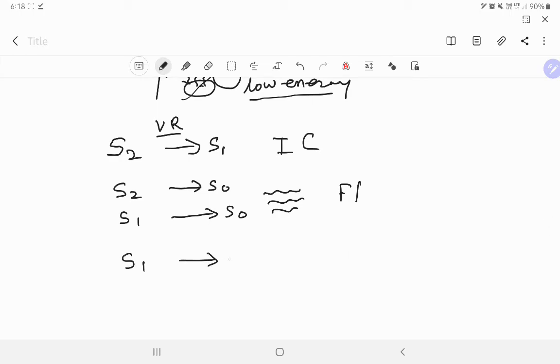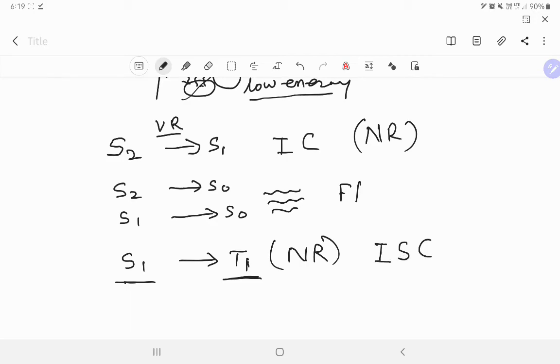S1 to T1 is a non-radiative transition, from higher singlet state to higher triplet state, and it is called inter-system crossing.